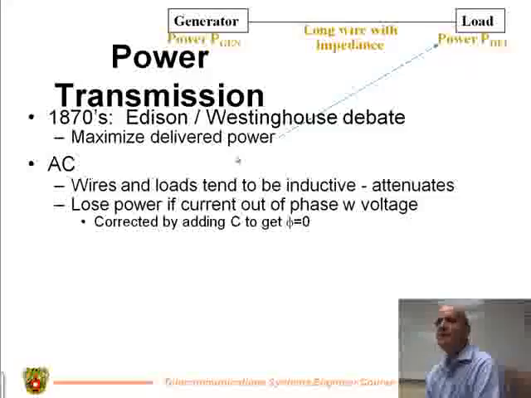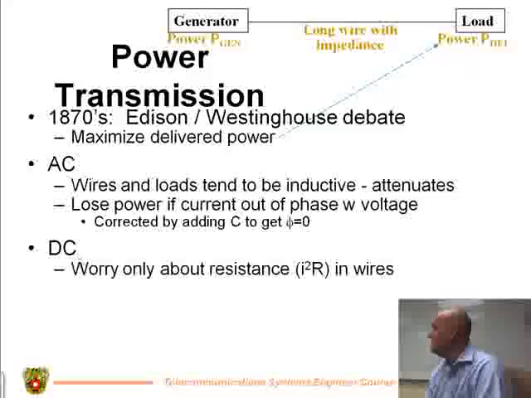So that attenuates my voltage more, which means that attenuates the power, right? We lose power going through it. So we also lose power if the current's out of phase with the voltage. Now we can fix that by adding capacitance to get phi back to 0. But if they're out of phase, since power equals I times V, if they're not in phase, we're not going to get peak power delivered.